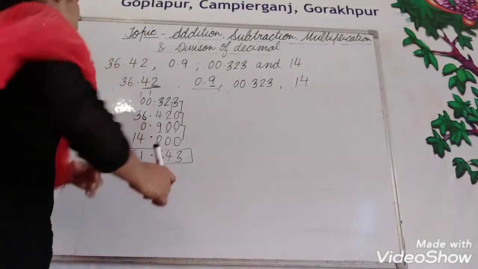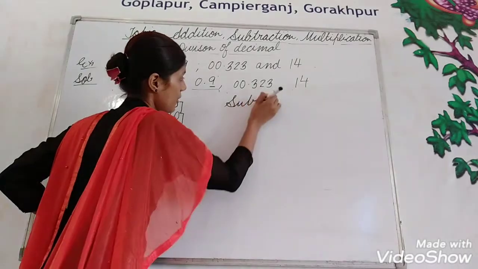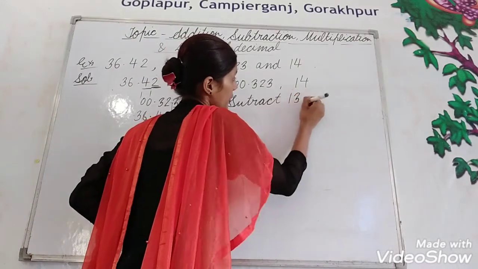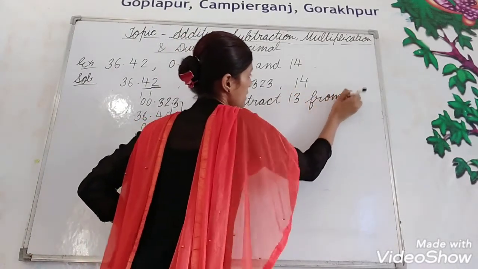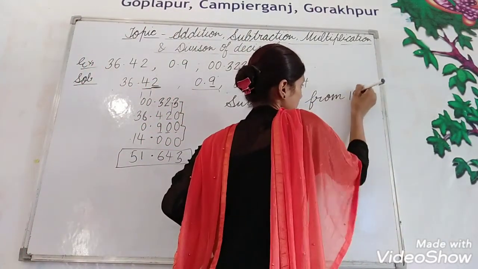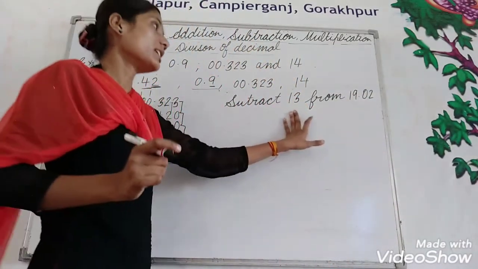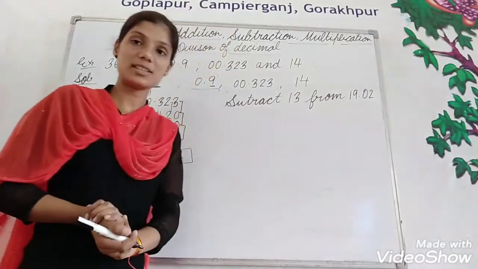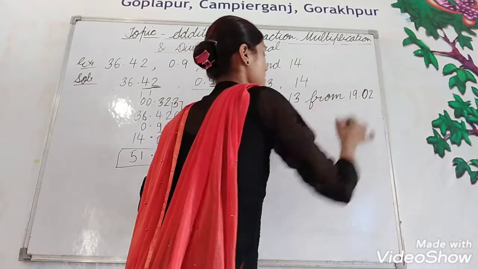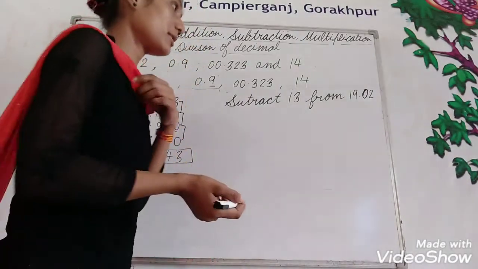After that, I am going to explain how to find subtraction. Subtract 13 from 19.02. Your first step is to convert all the given numbers into like fractions.